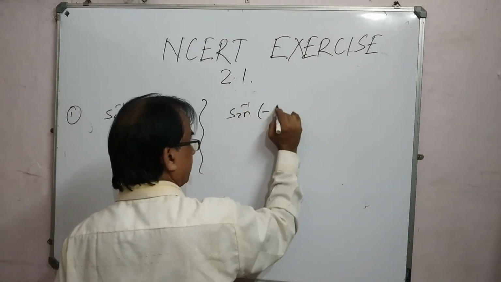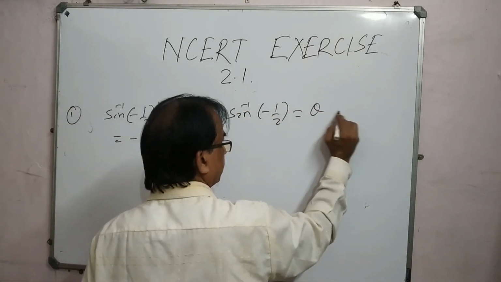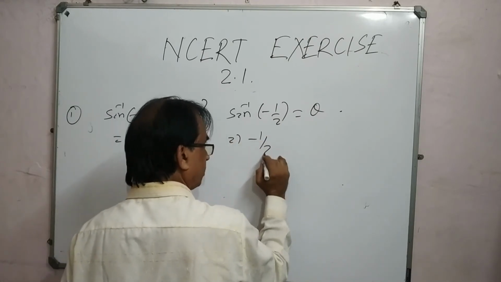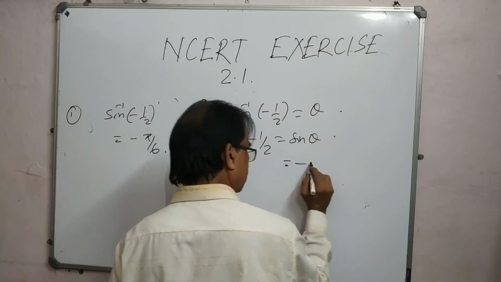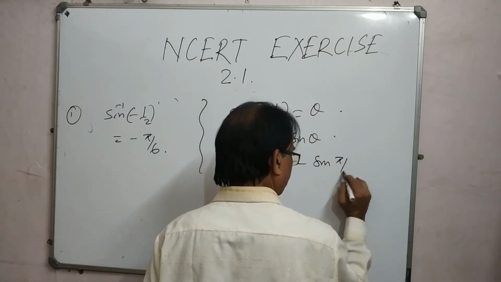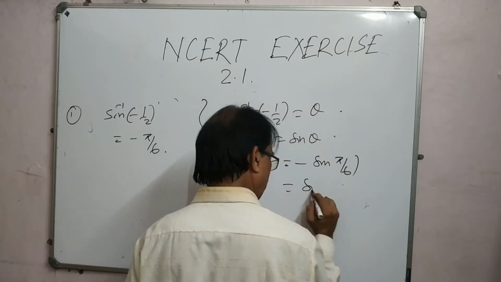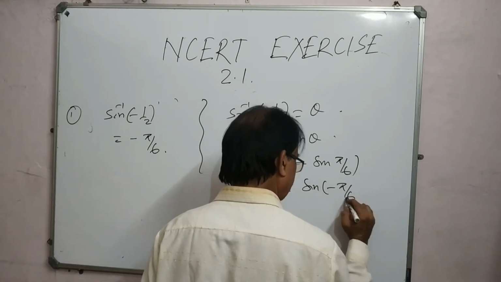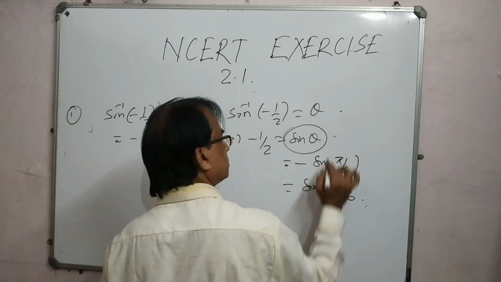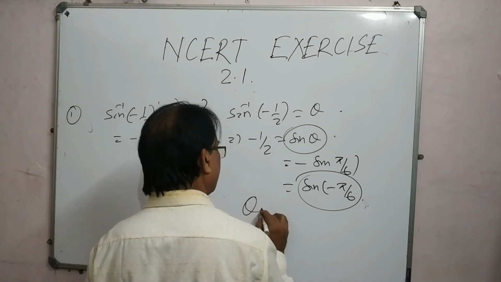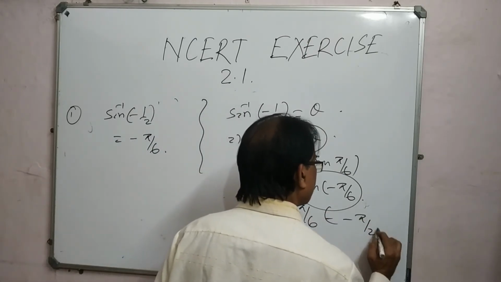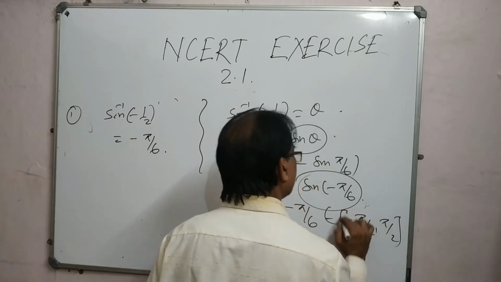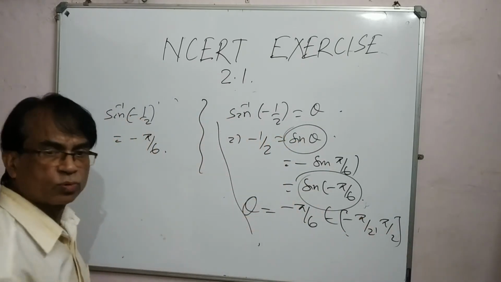Sine inverse minus 1/2 is equal to theta, then minus 1/2 is equal to sine theta, then minus sine π/6, and this comes to sine of minus π/6. So sine theta is equal to sine of -π/6, so theta is equal to minus π/6, that belongs to minus π/2 to plus π/2. So these are the steps that we have to do.